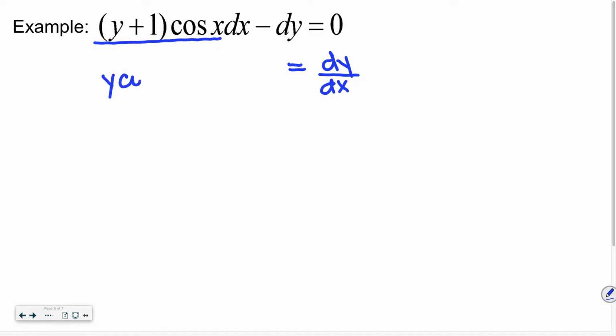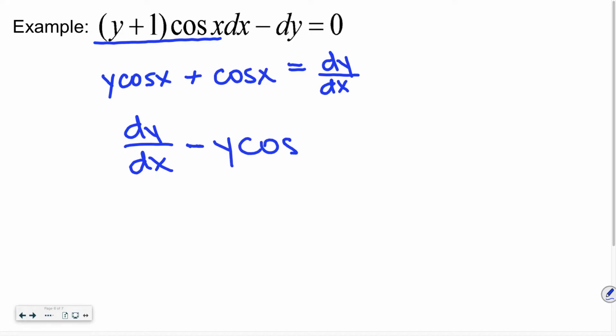We would want y times cosine of x plus y times 1, times cosine times 1, my apologies, I distributed a little bit. But is this still even in the right order? No, we would need to write it as dy/dx minus y cosine x equals cosine x.